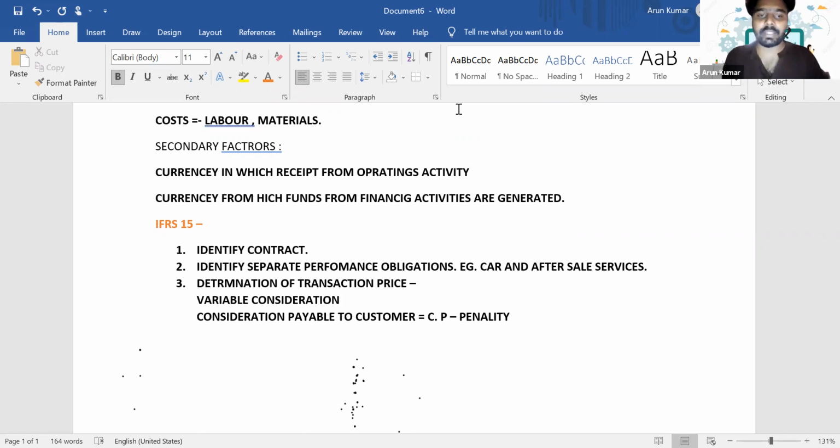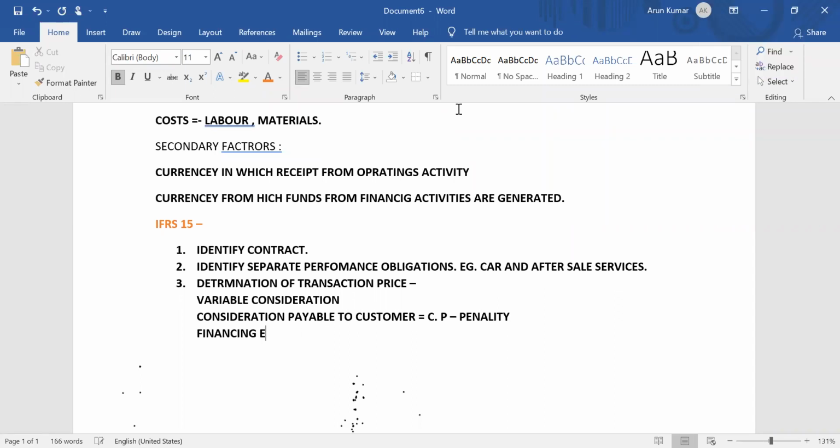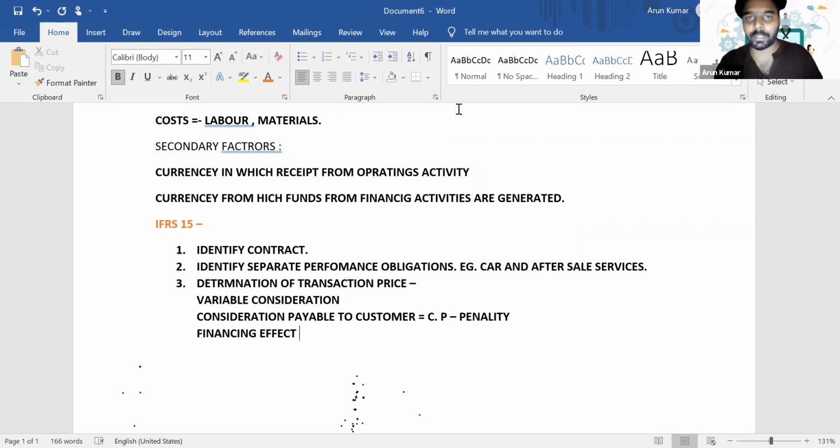And in the same way, if there is any financing effect. Financing effect means, let's say there is a 1 year or 2 year difference between the delivery of the asset and the date on which we receive the cash. So there is a timing difference, right? As a result, if you are going to receive 2 million after 2 years for the sale of a product, in that scenario we can only recognize the revenue at the present value of this 2 million.